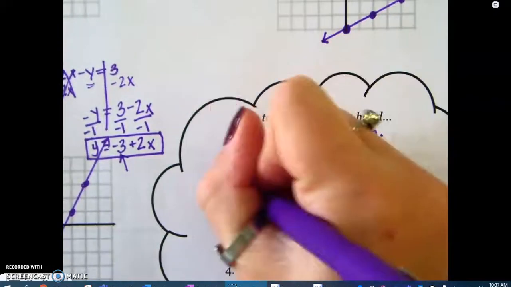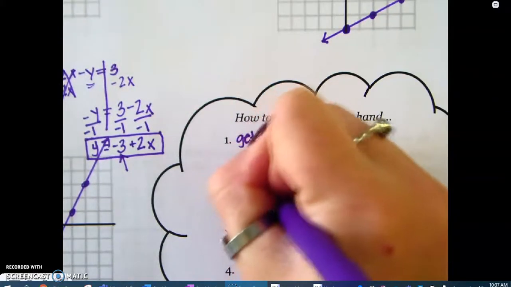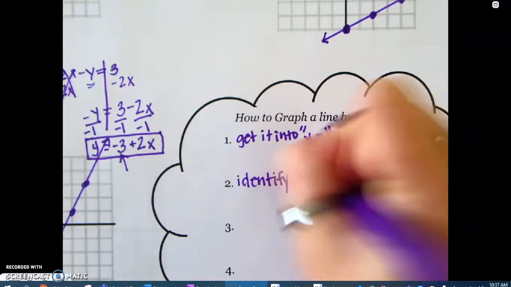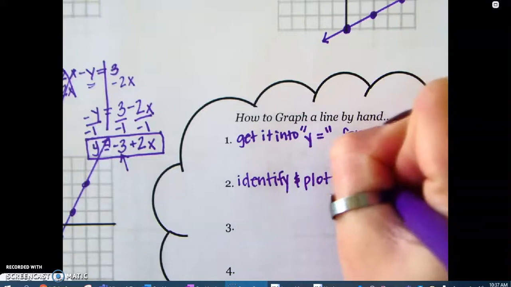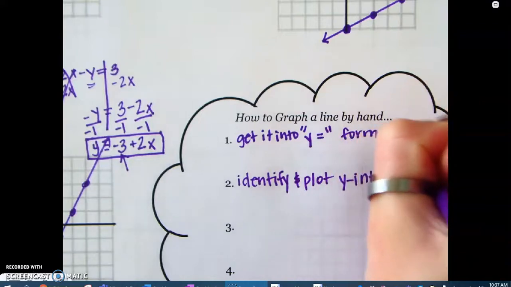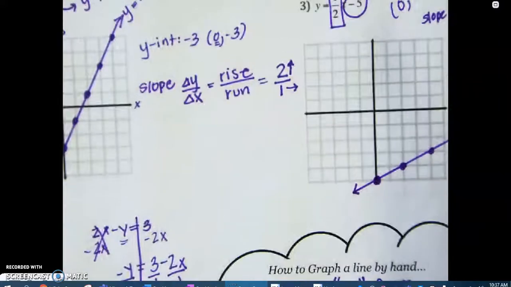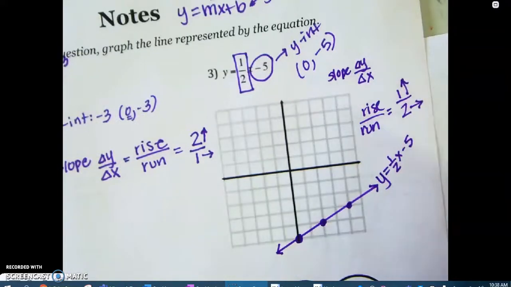The next thing is to identify and plot the y-intercept. So you're going to want to pick out your y-intercept like we did up on all of them and plot that first.